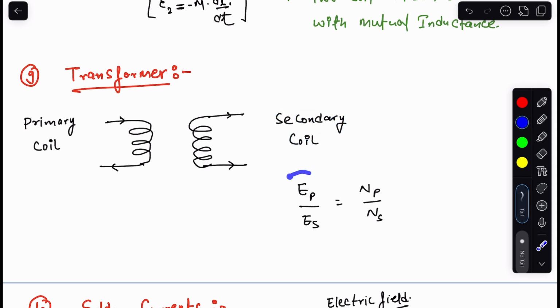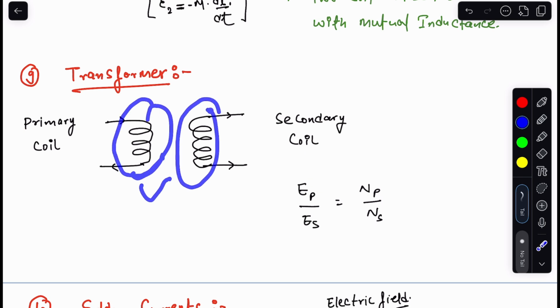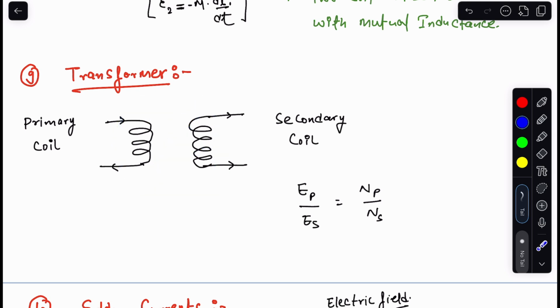Now how do we calculate the current? In the ideal condition, whatever power I provide, that same power will be consumed on the secondary. Of course there will be a lot of other losses, like stray losses, and some flux may not be able to link, so some flux goes outside of the core material, which is another kind of loss.